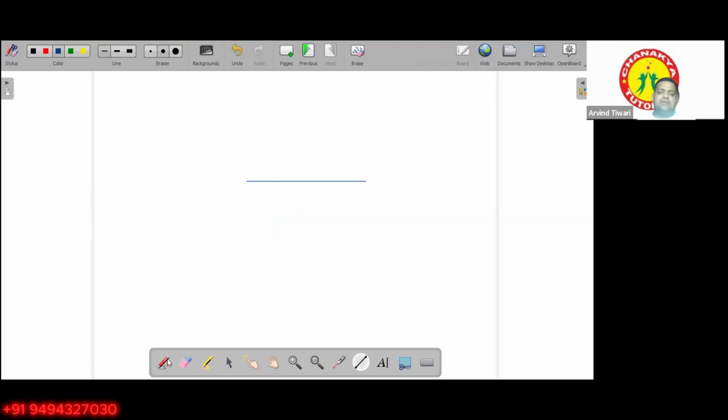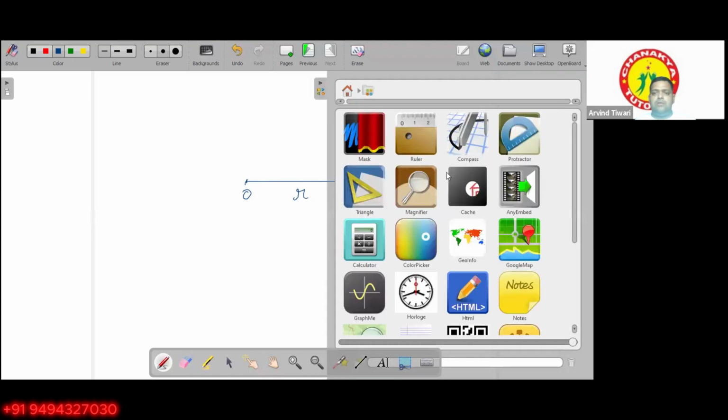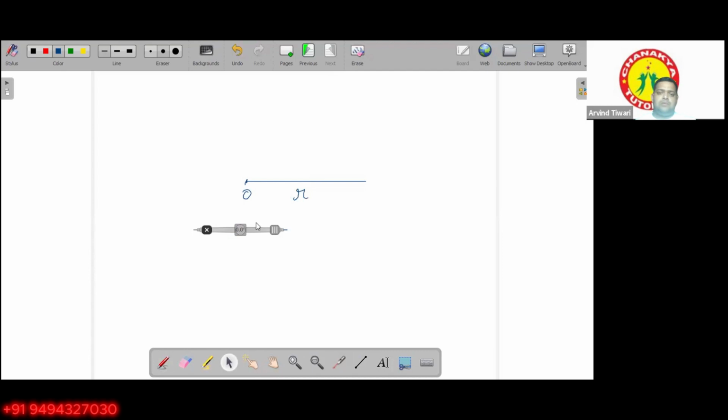Suppose this is the radius, and the center is O. Now suppose I'm making this angle. What will be the value of this angle in radian measurement?